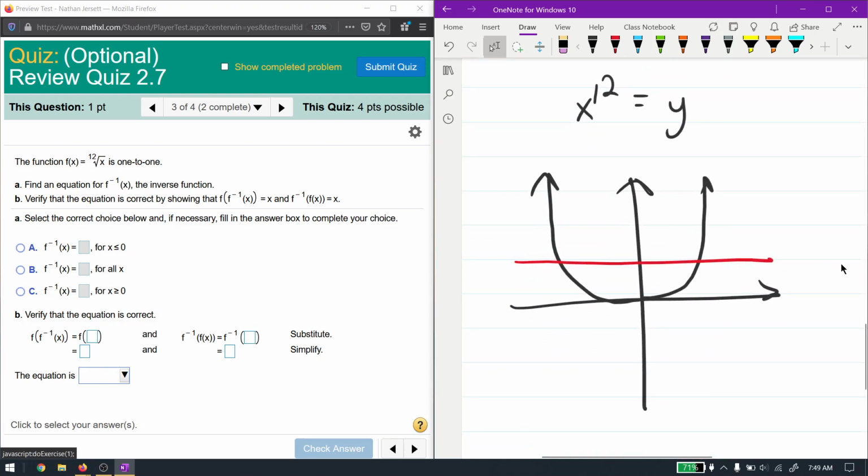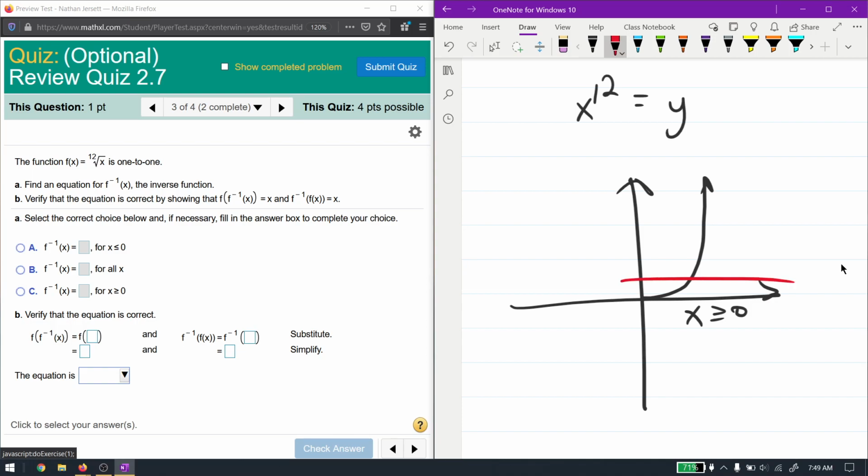So if all we consider is the positive side of the x-axis, the right-hand side, then we get rid of the left-hand side, and this does pass the horizontal line test. And this is the same thing as the inverse of the function. So sometimes you have to restrict the domain to a certain portion.